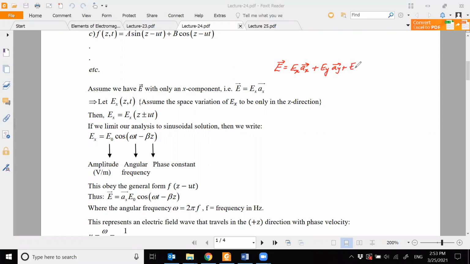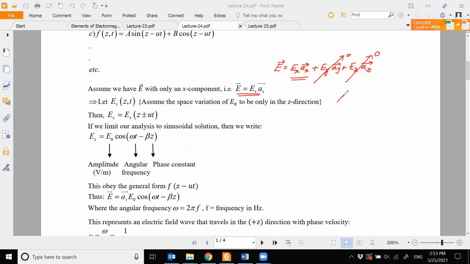But now I'm simplifying things. I'm assuming that my electric field has only the x component, and that these other components are not there, just to simplify our solution.